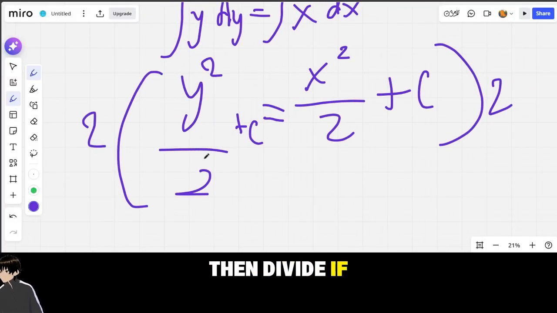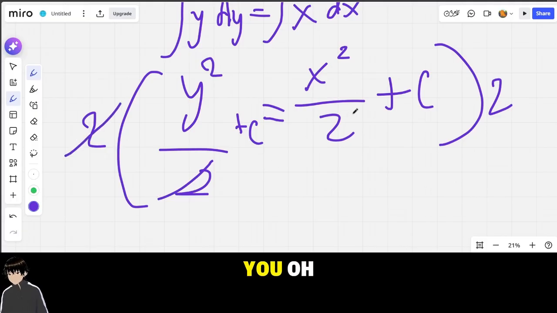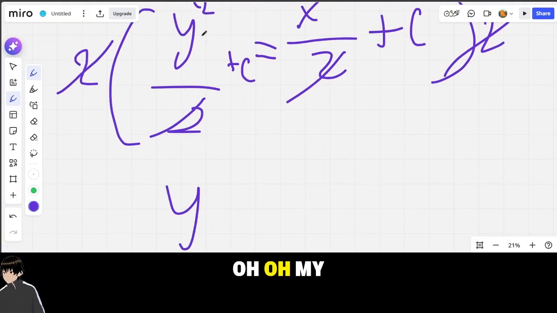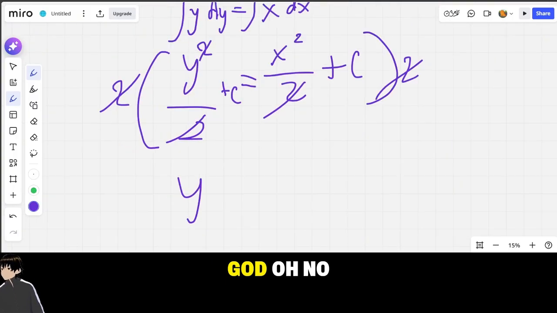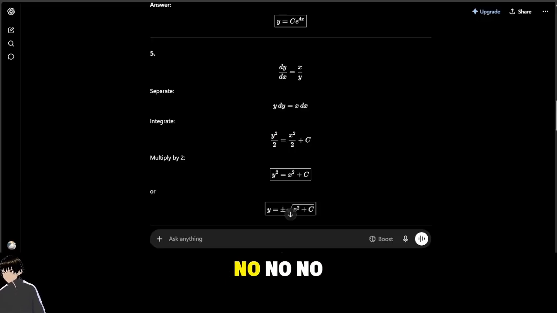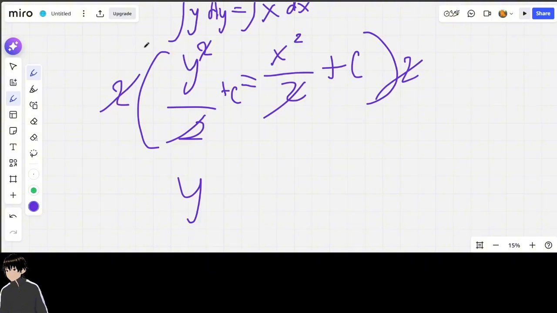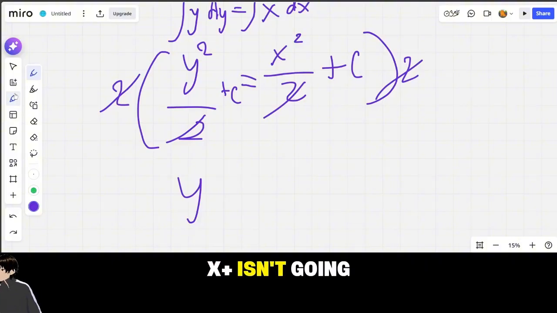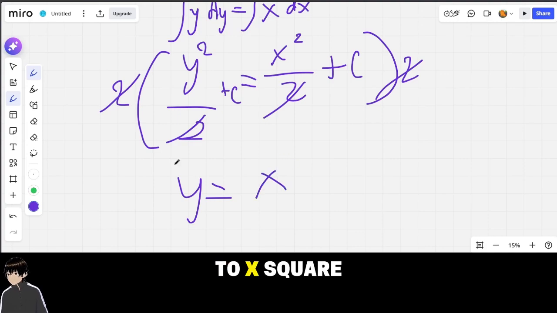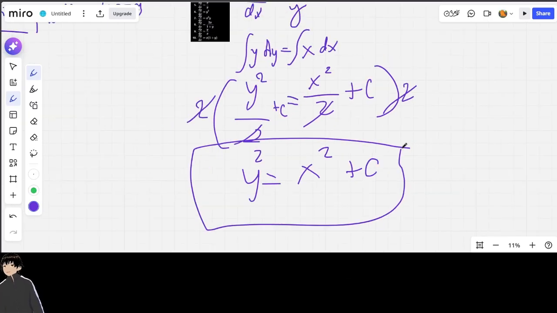Then divide. If you divide that, you get that. Oh no. So the exponent isn't going to be part of that. So we have y equals 2x squared plus c. That's going to be the final answer.